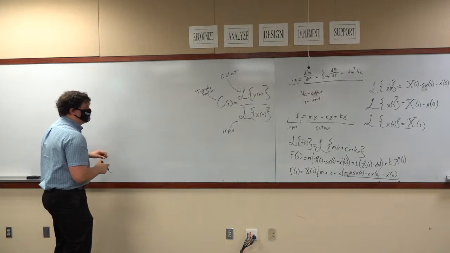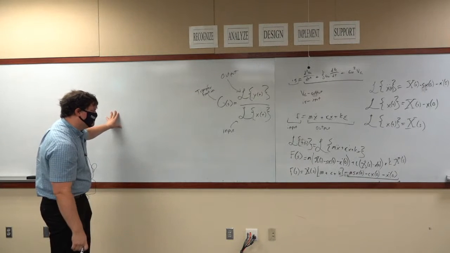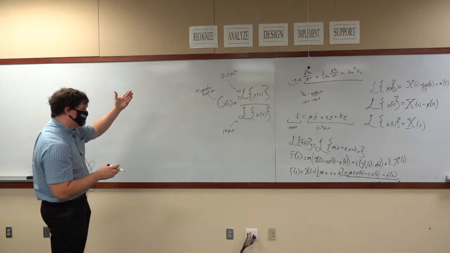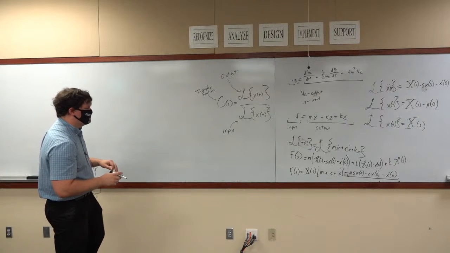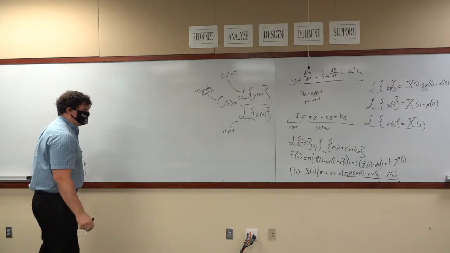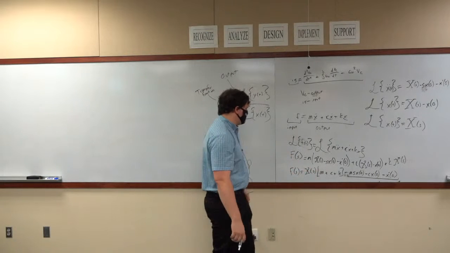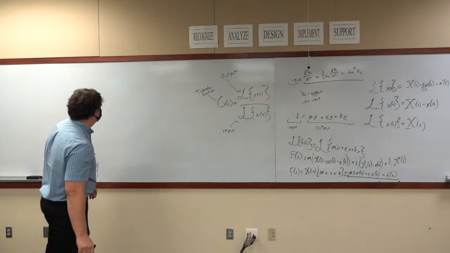Okay. So we're looking at X of s divided by F of s. So if we take this equation right here and we divide both sides by F of s, what do we get?